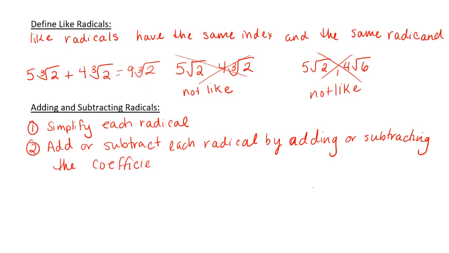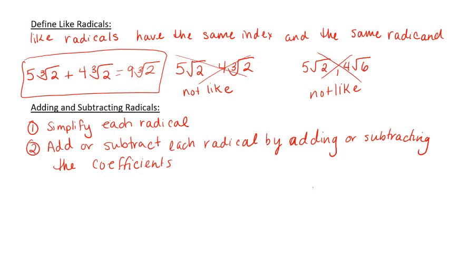So you don't add what's inside of the radical. What's inside of the radical stays the same. So if you look at our example up here, I had 5 cube roots of 2, and I'm going to add 4 cube roots of 2, which gives me 9 cube roots of 2.